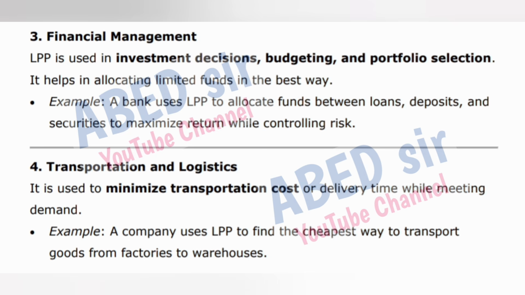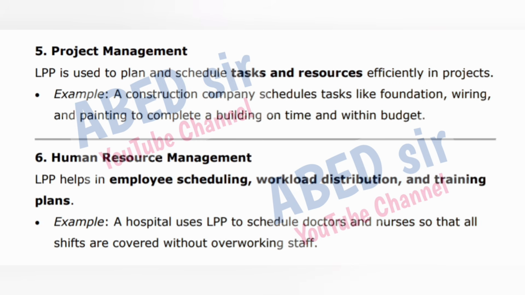4. Transportation and logistics. It is used to minimize transportation cost or delivery time while meeting demand. Example: a company uses LPP to find the cheapest way to transport goods from factories to warehouses. 5. Project management. LPP is used to plan and schedule tasks and resources efficiently in projects.